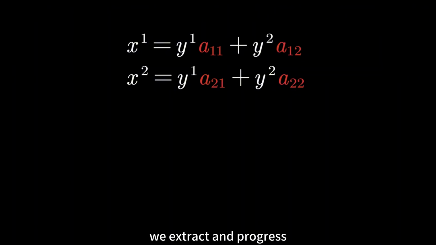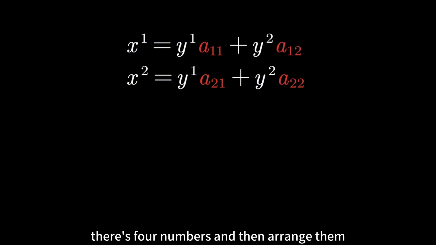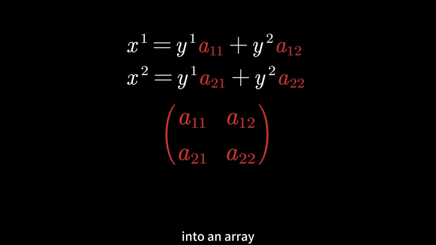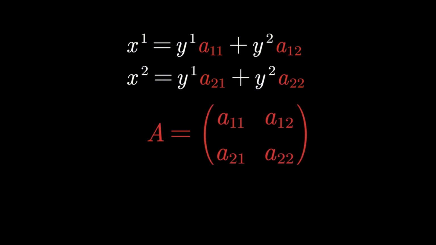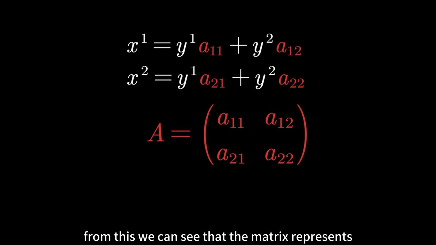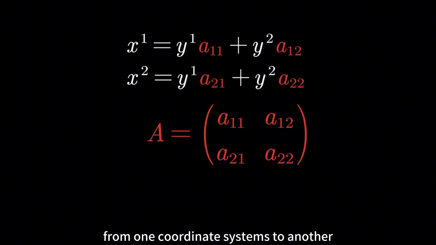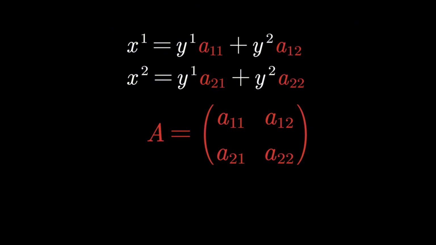We extract these four numbers and arrange them into an array. This array forms a matrix, which is denoted by the uppercase letter A. From this, we can see that the matrix represents a transformation from one coordinate system to another.